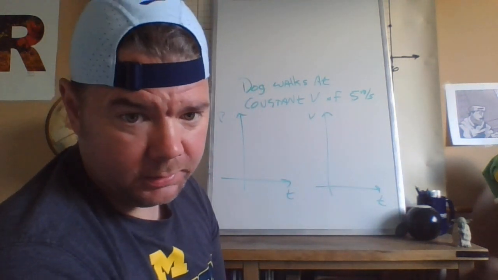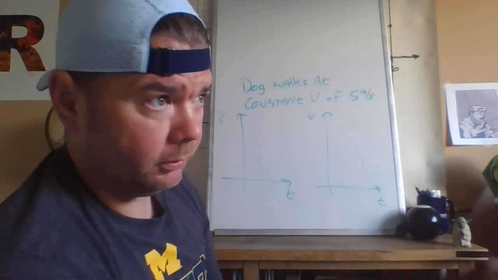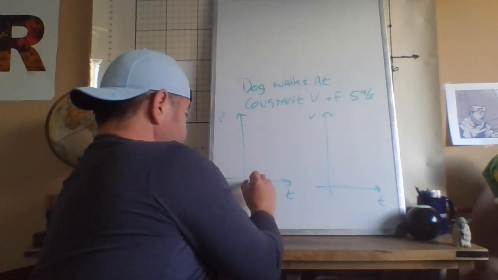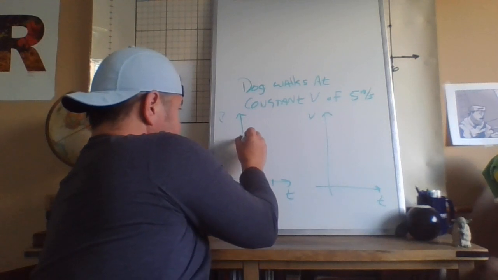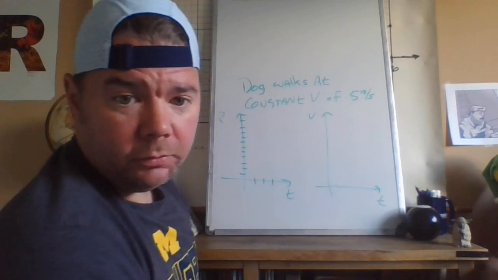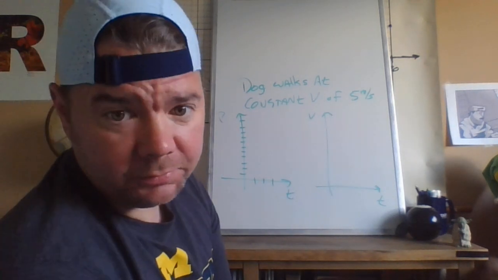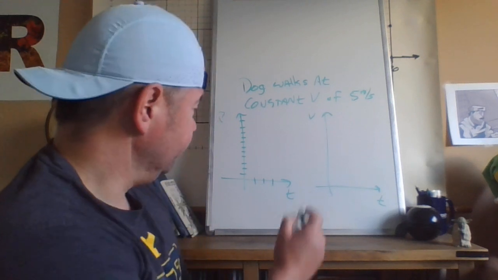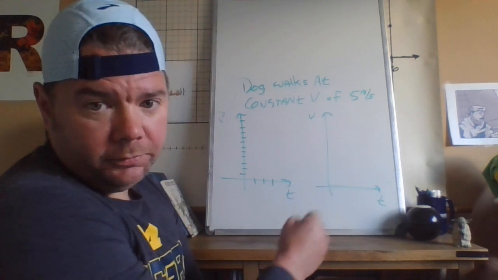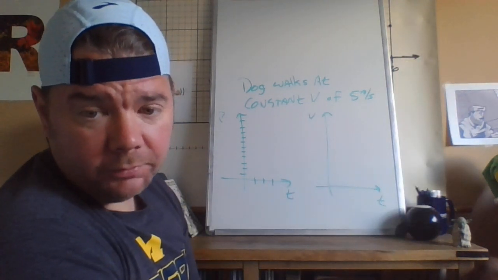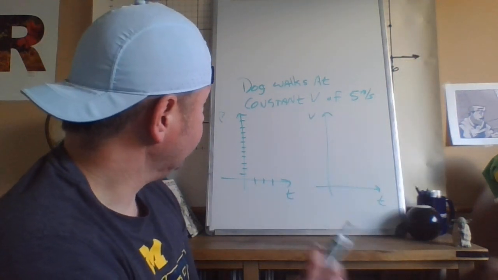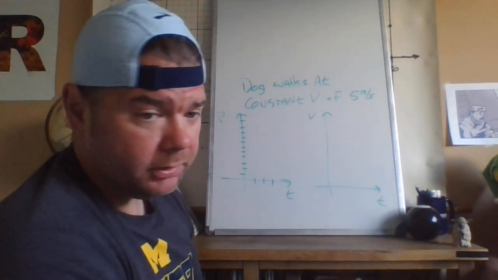This is going to be a rudimentary graph, but it'll get the point across. On the position time graph, if it's going 5 meters every second, then this is going to be a line with a slope of 5. The slope of the position time graph is the velocity.